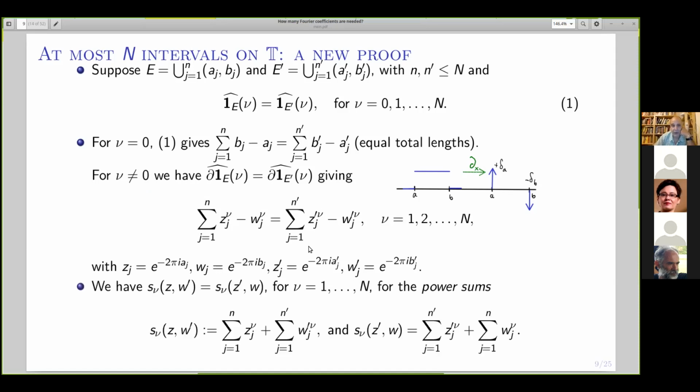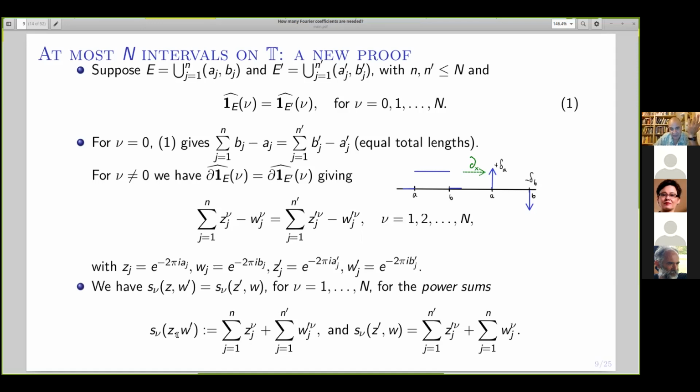And what we do now is we shift the W primes to the left and the W's to the right. So we get the following. We get that the corresponding power sums, as they are usually called, are identical. What is the power sum of a collection of numbers? The nth power sum of a collection of numbers is the sum of the nth power of all these numbers.